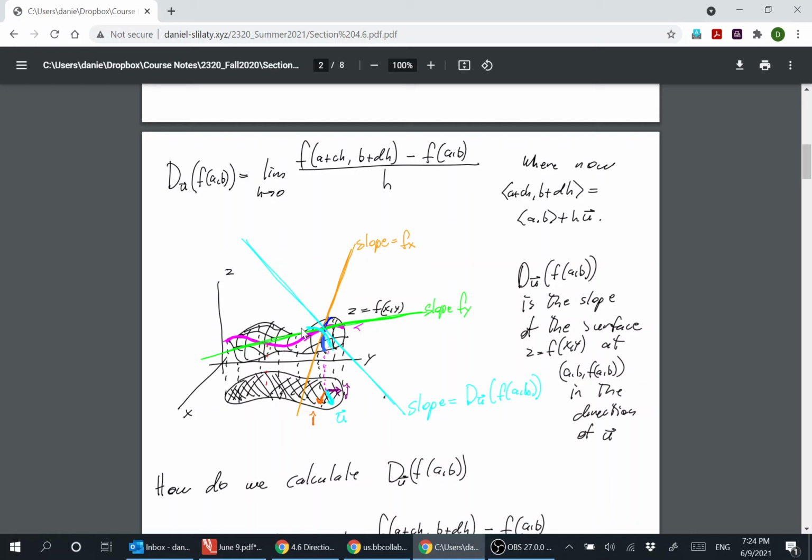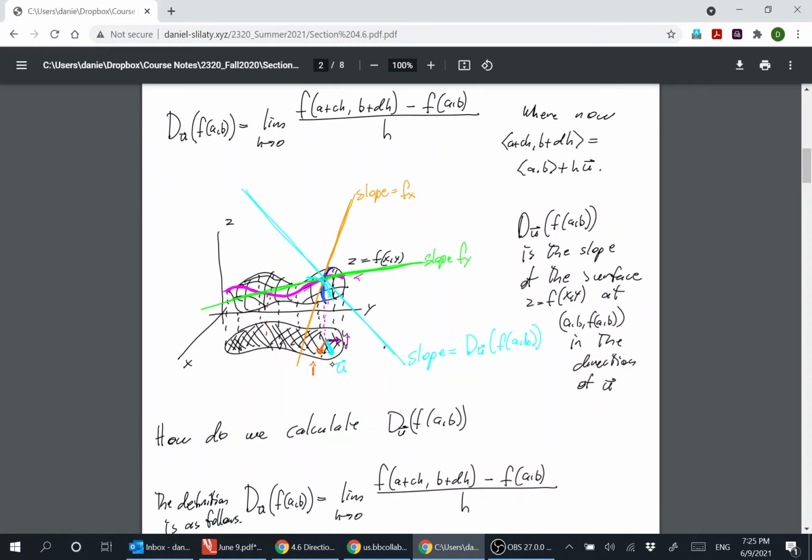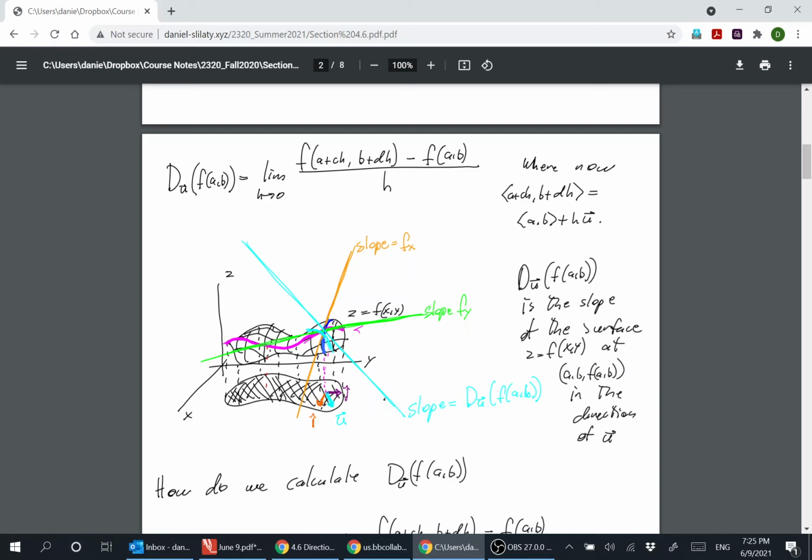And then if you take the tangent plane at this point, and you take the slope of the line in the tangent plane in the direction of the x-axis, it means if you shine a light from up top and project it straight down, then the shadow of the orange line parallel to the x-axis, that slope is the partial derivative with respect to x, but it's the directional derivative for direction (1, 0).